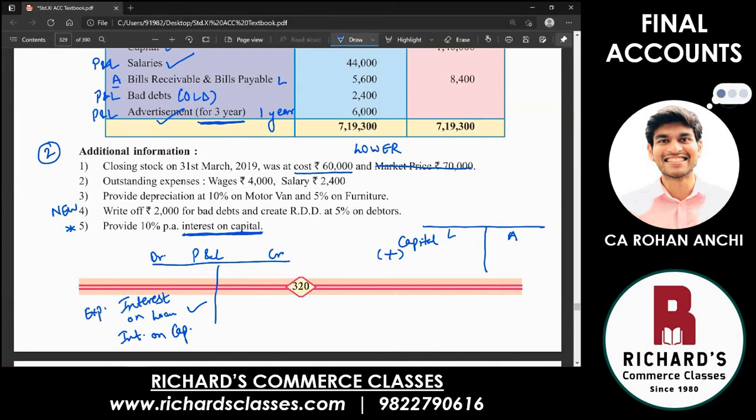And the second effect, for the business, paying interest is an expenditure. So debiting profit and loss account will be the second effect. And both effects are done. Writing on the liability side under capital is the credit effect, and showing expenditure on P&L account debit side is the debit effect. Both debit and credit are done, and that is the adjustment for interest on capital.